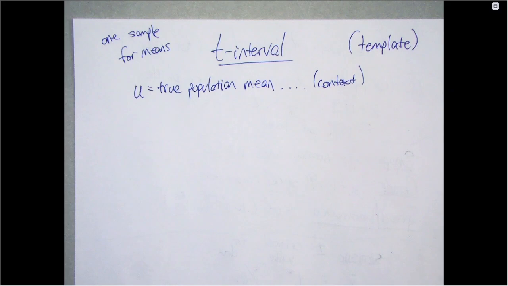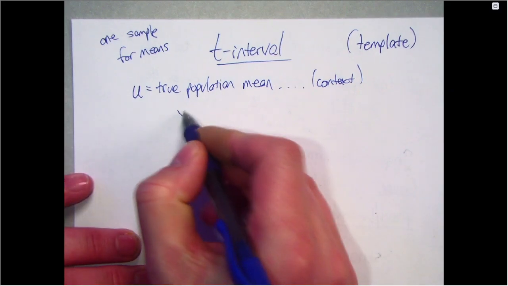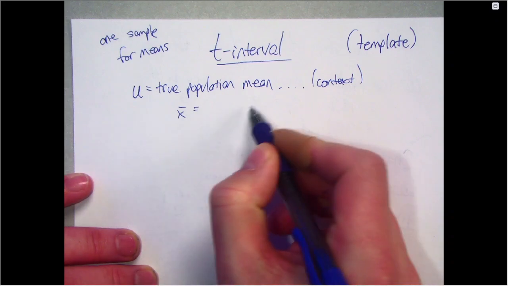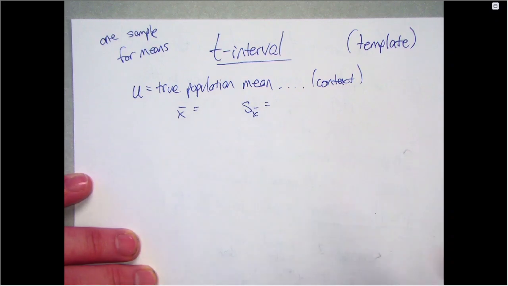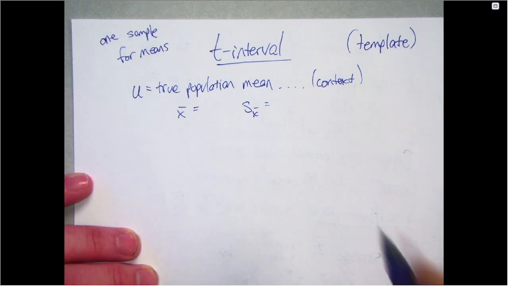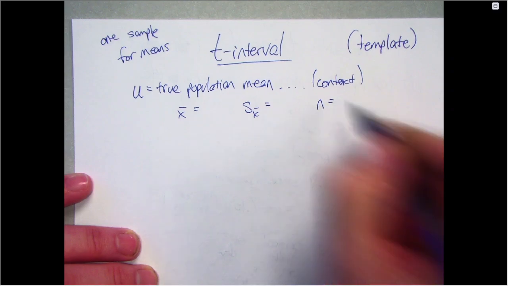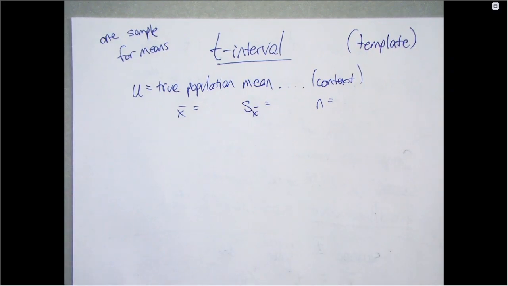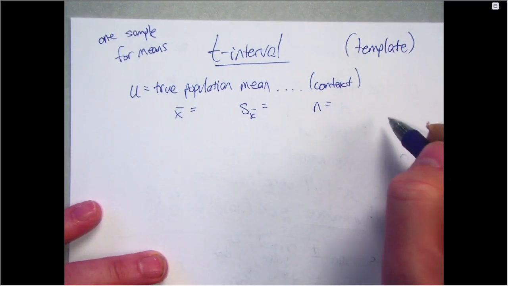And then I think it's helpful at the top to write down what's your X bar, what's the standard deviation of your X bar, what's your n, and then probably the confidence level too.